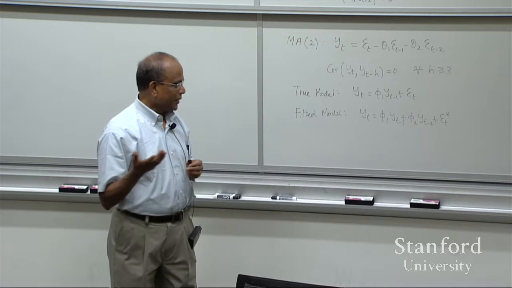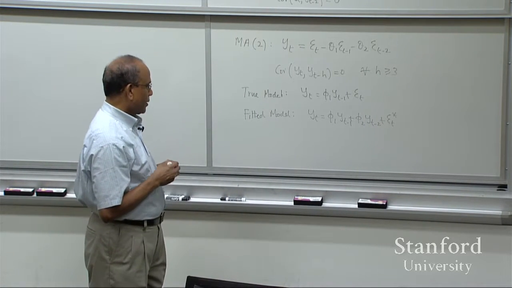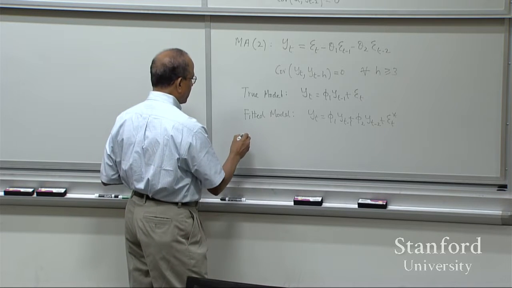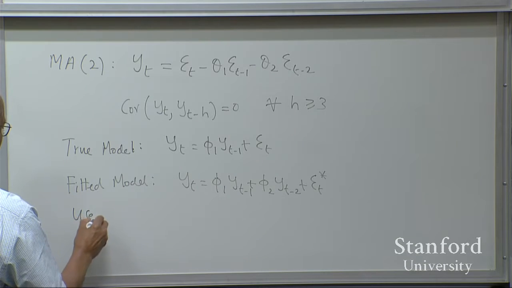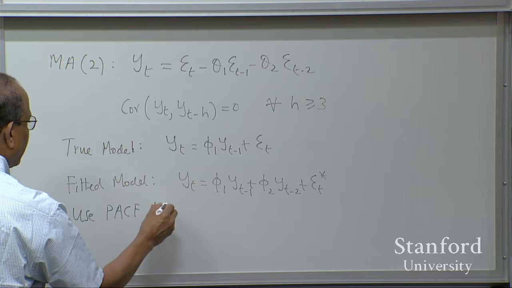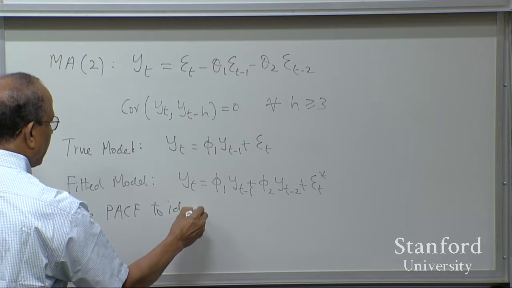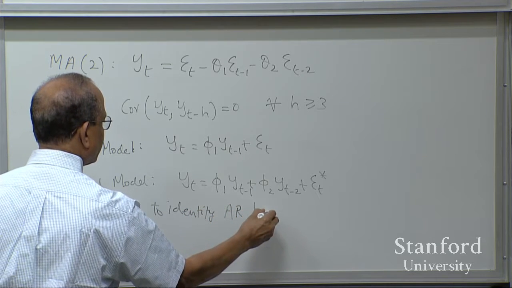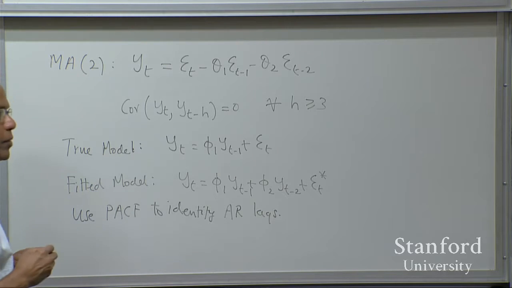Okay, but I think some of these calculations are already done for you, so they use what we call a partial autocorrelation function to identify autoregressive lags. Okay. What is the partial autocorrelation function?